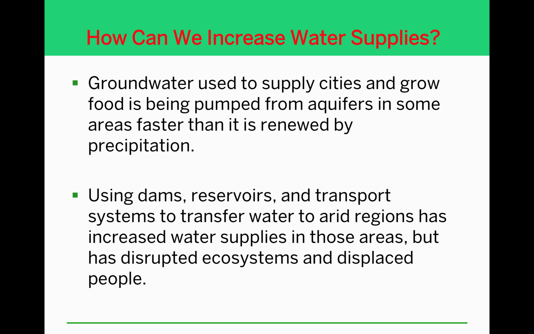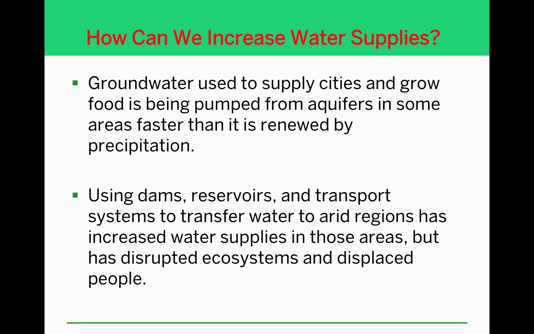So how can we increase our water supplies for towns and cities? The first thing is we can use groundwater. Groundwater underneath the ground can be pumped from aquifers and then sent to towns and cities, and hopefully that groundwater is replenished by rainfall or other nearby water resources.